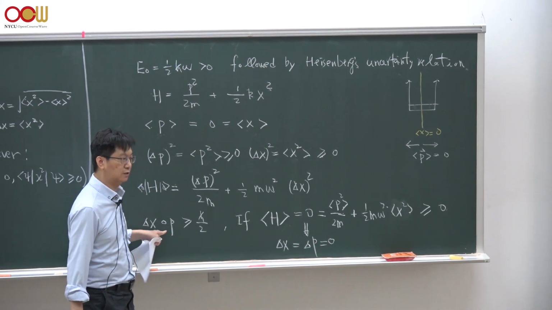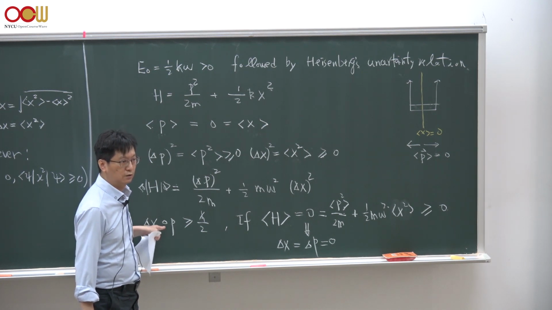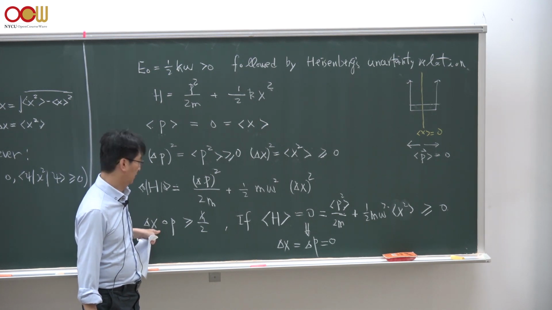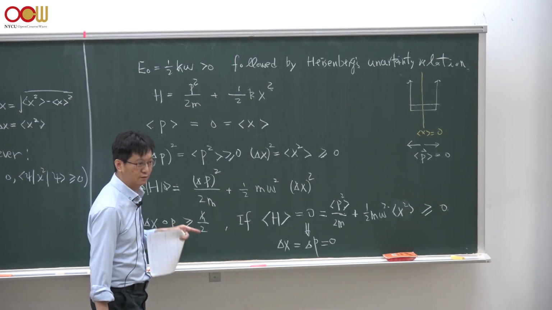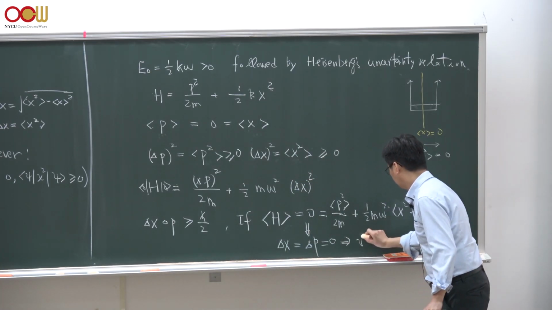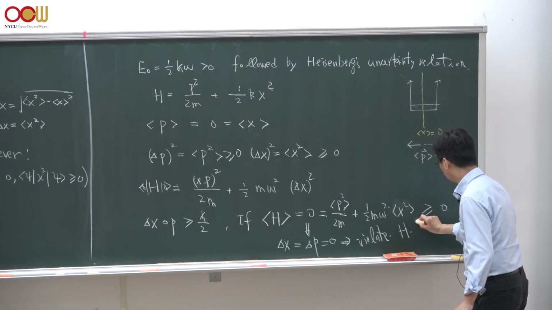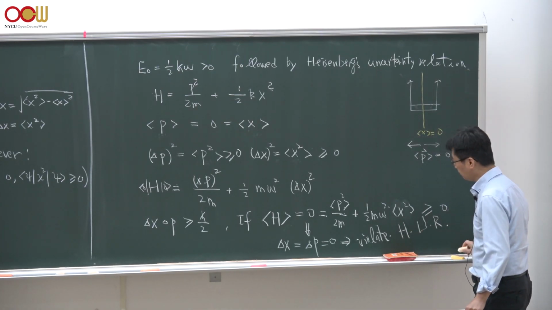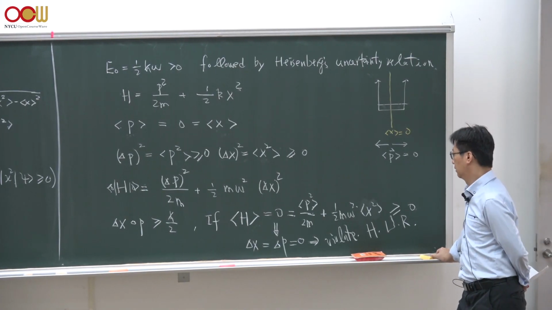If both delta x and delta p are 0, then this is violated, because 0 is smaller than half of h bar, it's not greater than half of h bar. So this directly violates the Heisenberg uncertainty relation. So, which means that we cannot have this case.